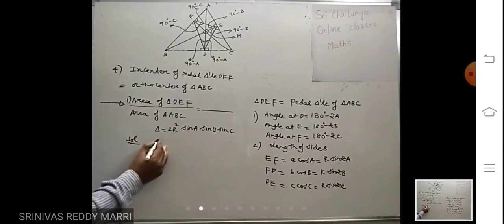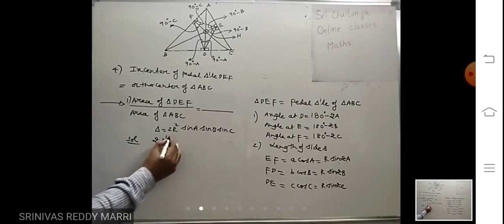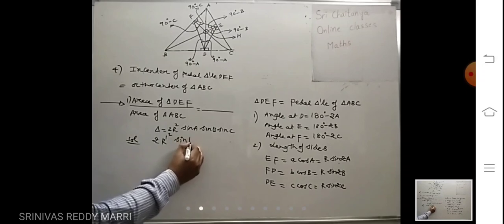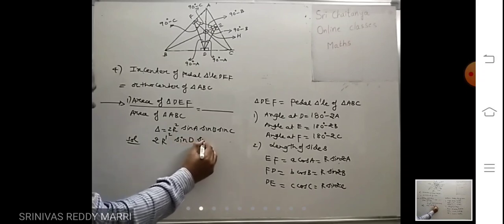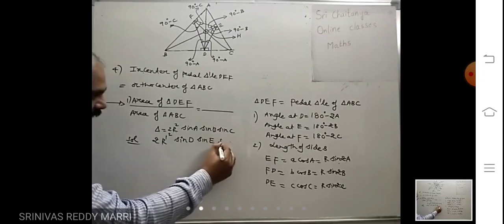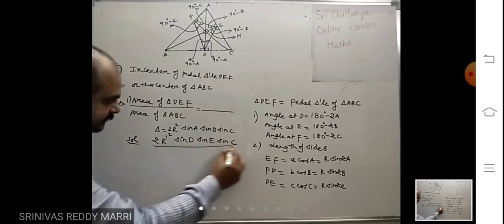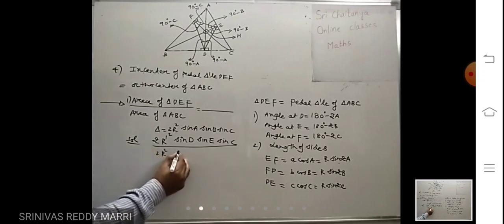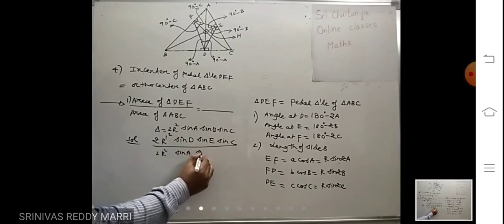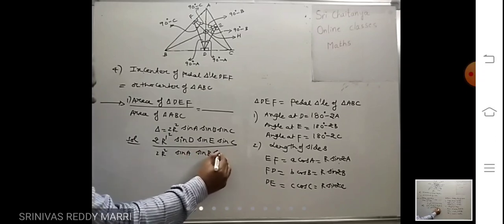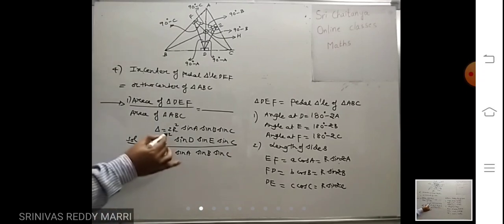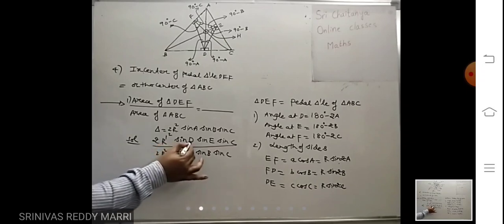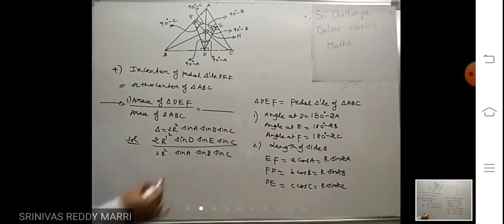For triangle DEF, circumradius is R dash. So R dash square into sine angle D, sine angle E, sine angle F, divided by, for triangle ABC, the same, 2R square sine A, sine B, sine C. So for the pedal triangle, you write R dash as the circumradius, and the angles are D, E, F. Now D is what?